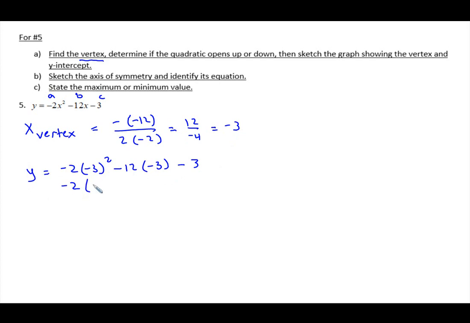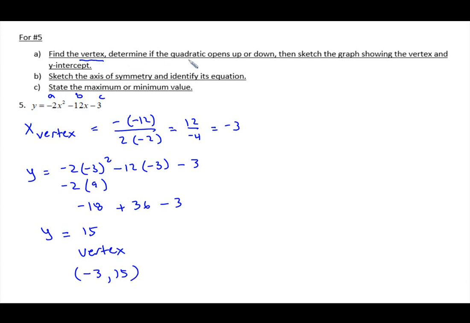So I get -2 times 9. Right, so that's going to give me -18. It's going to be +36 minus 3. So I know y is going to be, let me see, that's 18 minus 3, 15. So the coordinates of my vertex are x is -3 and y is 15. All right, so I found the vertex.